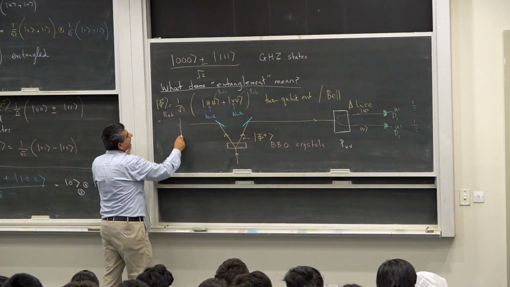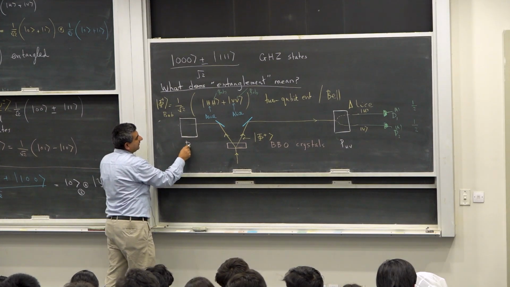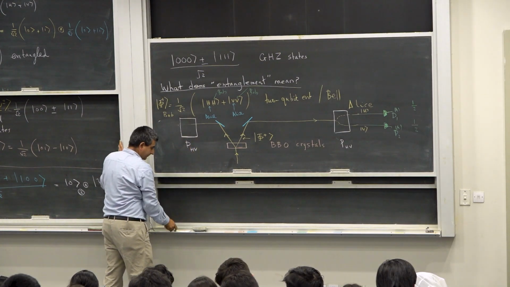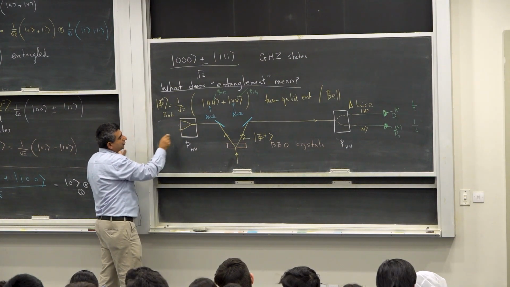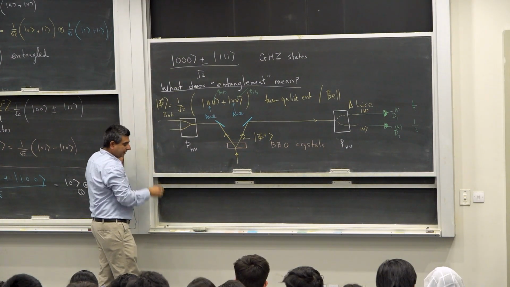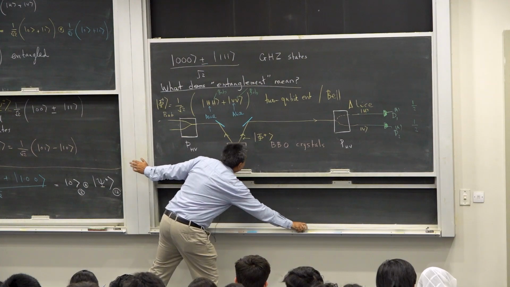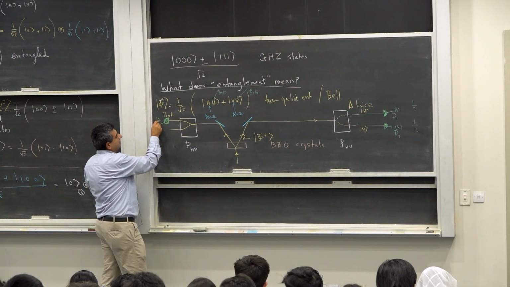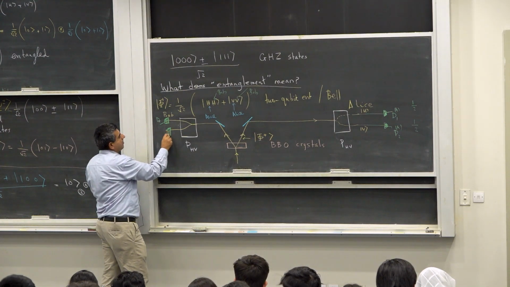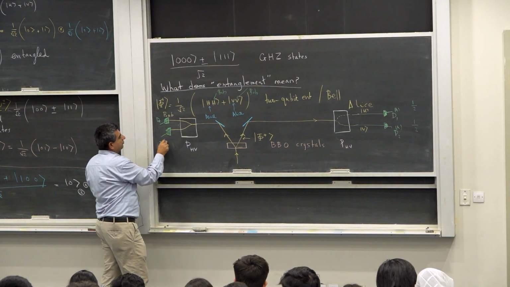So this is Bob's measurement device, and Bob's photons can also take two output possibilities, and he has his own set of detectors, D1 and D2, now corresponding to Bob.